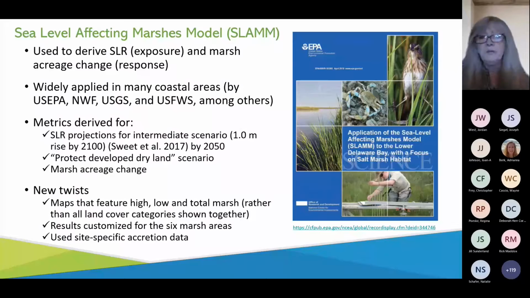I just want to very briefly introduce that we did more extensive SLAMM modeling with very interesting results than what I'm presenting here today, which are available in this EPA report that we produced, and I think is going to be made available on the website.